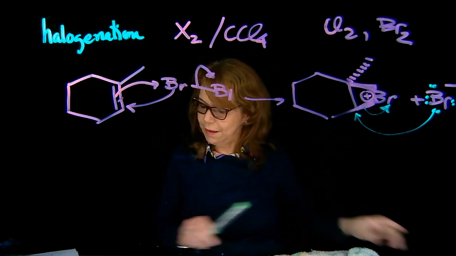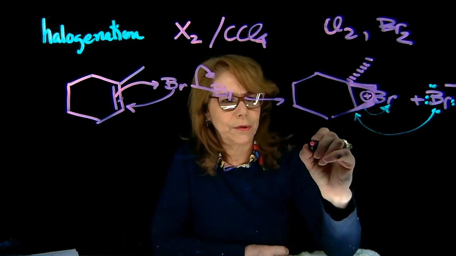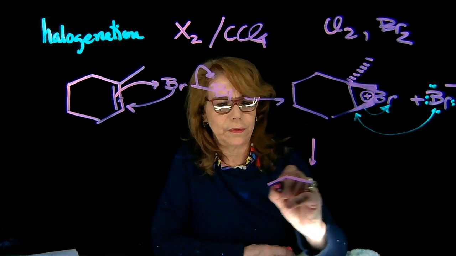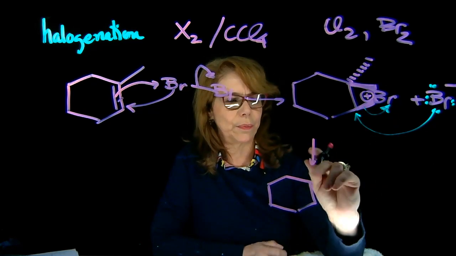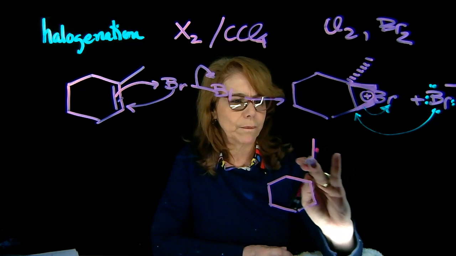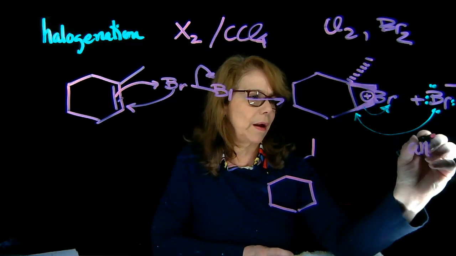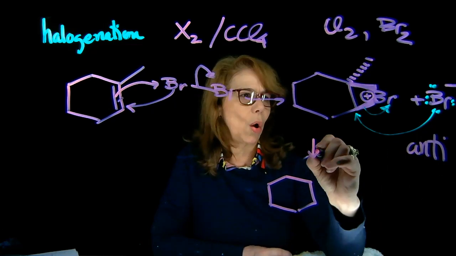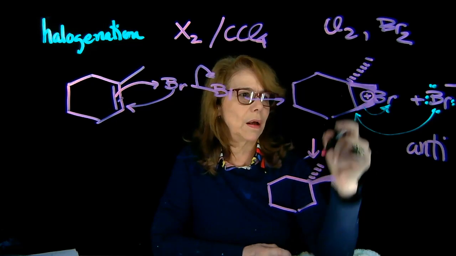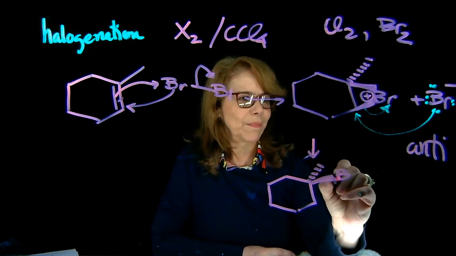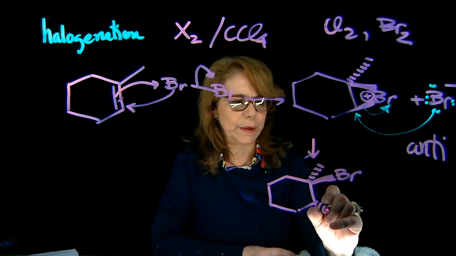And what we have here is the following. So notice that we have attack opposite to the leaving group. That is what it says: the attack happens on the opposite side. So if here I have the methyl, I will have a bromine, and I will have attack with the bromine on this side.